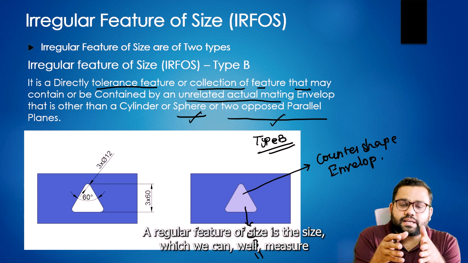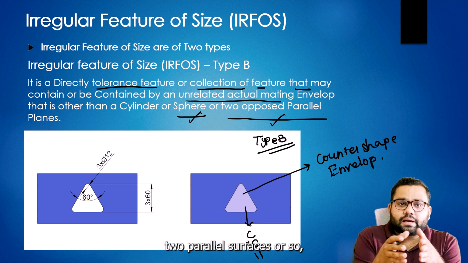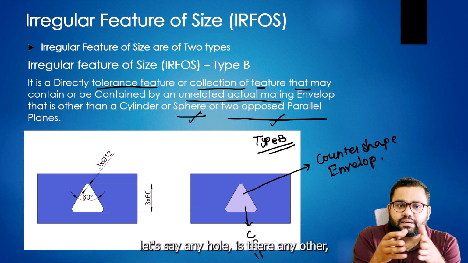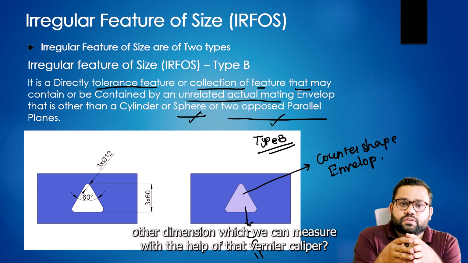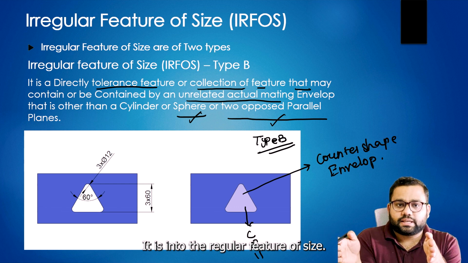A regular feature of size is a size which we can measure easily with the help of vernier caliper, whether it's two parallel opposed surfaces, or a hole, or any other dimension. It is a regular feature of size.